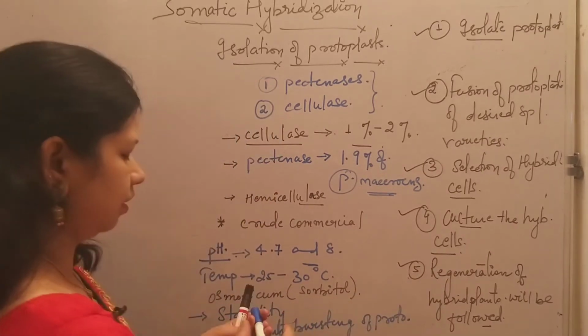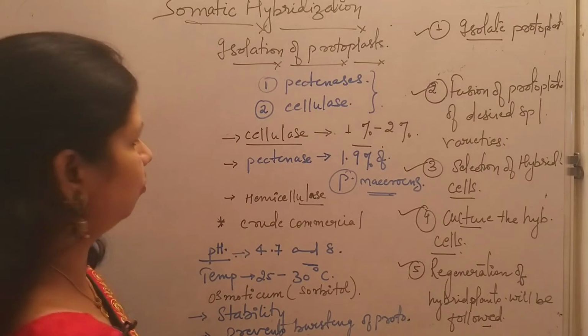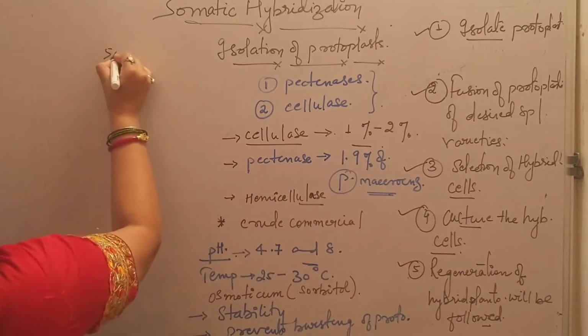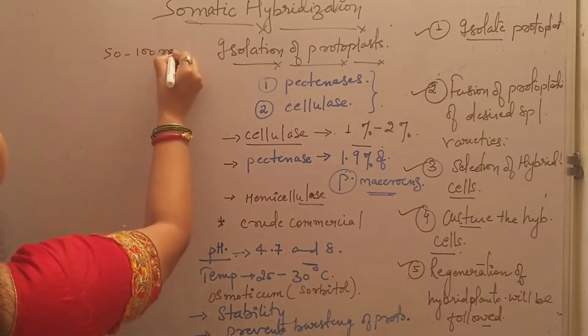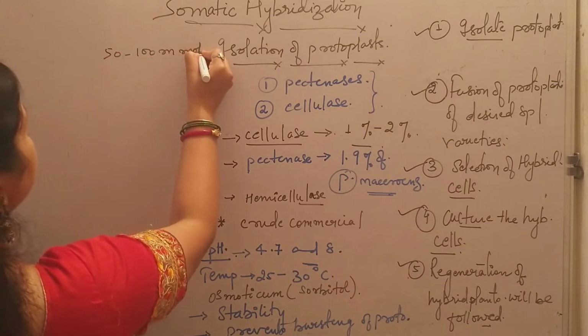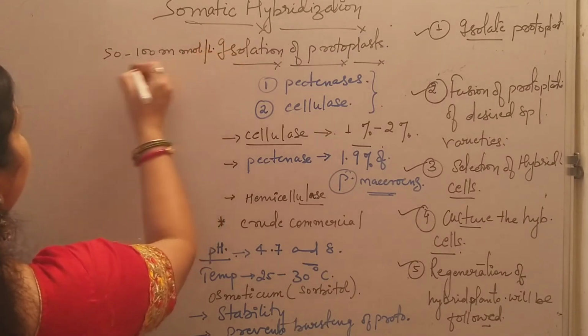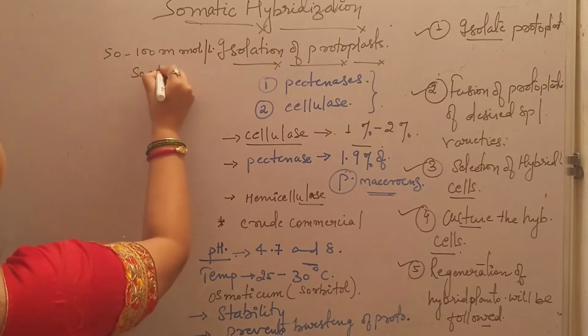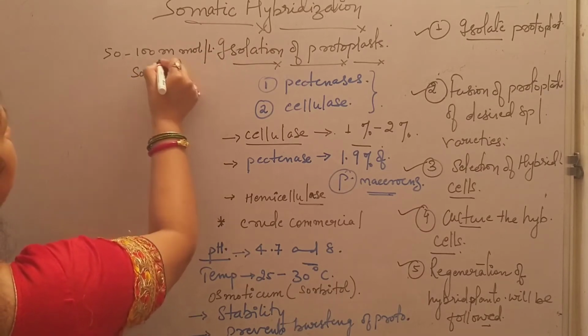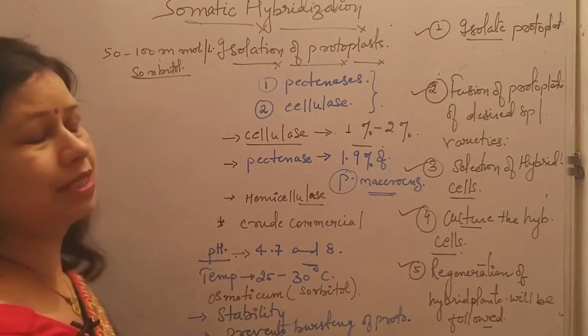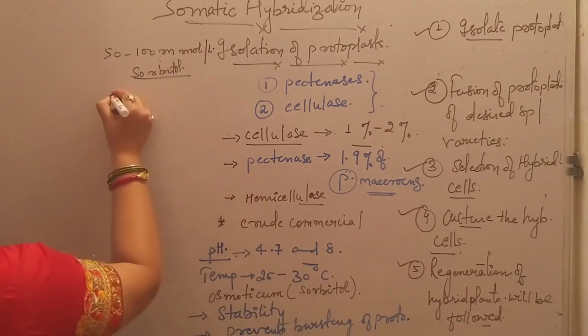Some 50 to 100 millimolar concentration is also added to the osmoticum or sorbitol so as to improve the stability of the plasma membrane.